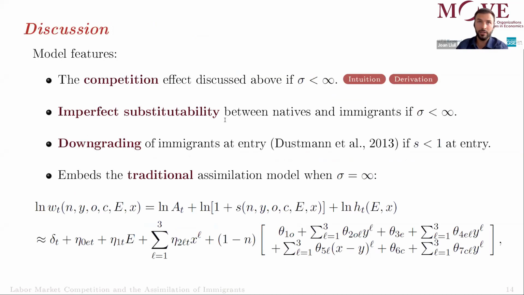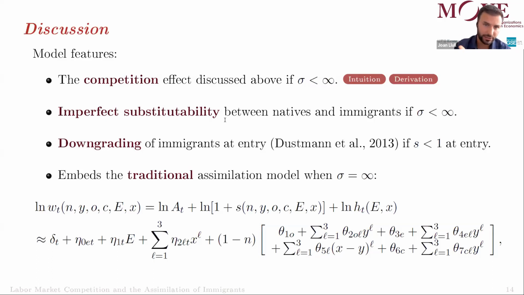So therefore, not only does this production framework show some imperfect substitutability between general and specific skills, it also, as a result, generates an imperfect degree of substitutability between natives and immigrants. And I'm going to show you some numbers of that later. It also features downgrading at entry, like pointed out by those co-authors, because S is normally smaller than 1 at arrival.